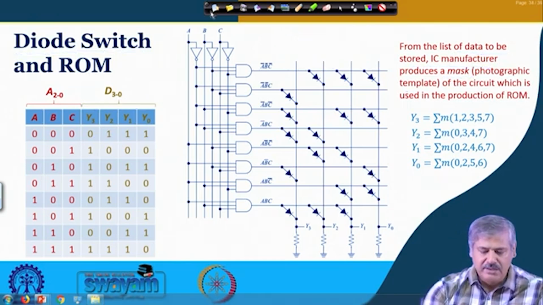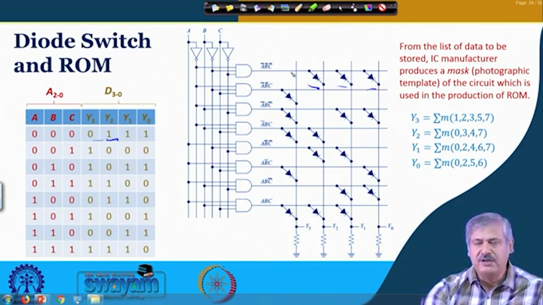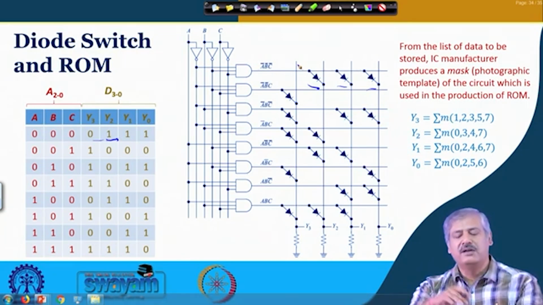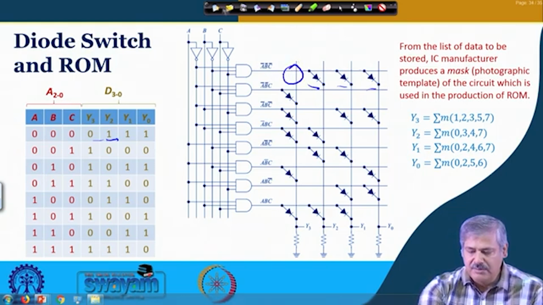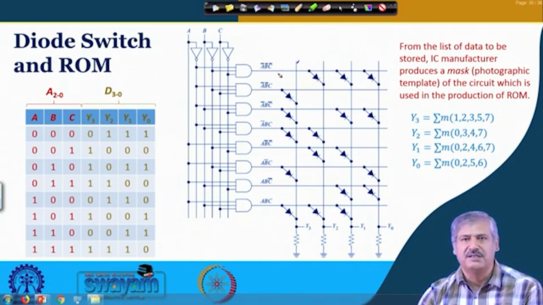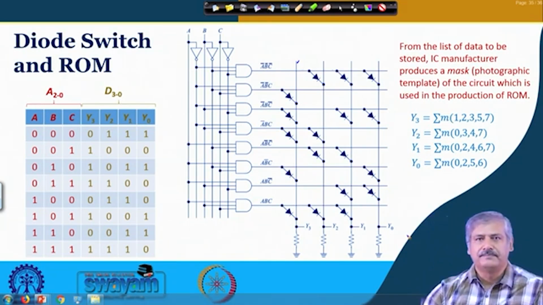Wherever 1 is present, you connect a diode, and wherever 0 is there, at that cross point no diode is connected. That means here is one wire, another wire is just going over it, there is no connection between them. So this column, this vertical line, is not getting any input from the A prime, B prime, C prime line. So they are not connected with each other. Here it is connected, Y2, Y1, Y0 are connected.